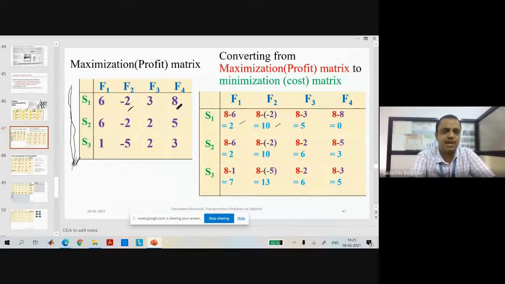Once you have the maximization matrix, we need to convert it into a minimization matrix by identifying the highest number in that matrix and subtracting all the elements from it. In the second matrix here itself, 8 minus of 6, 8 minus of minus 2, 8 minus of 3. Likewise, you need to write the answer.